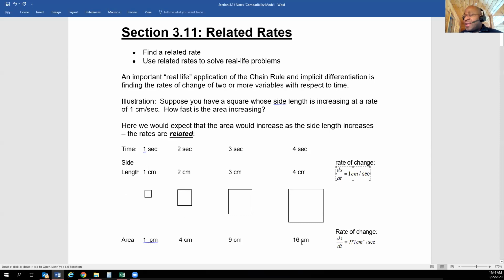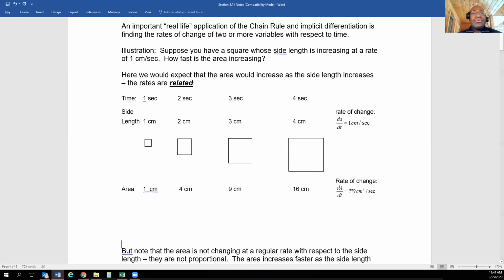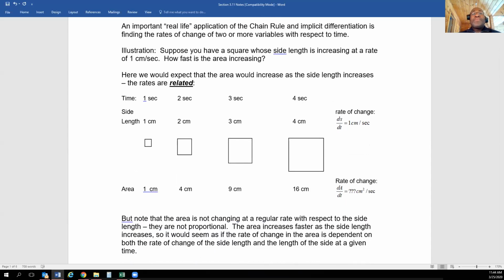Now, the interesting thing here is that we can see that obviously as time increases, the area increases, but the increase of the area isn't linear like the increase of the length of the side. It does increase, but the change in area isn't proportional to the change in the length of the side.